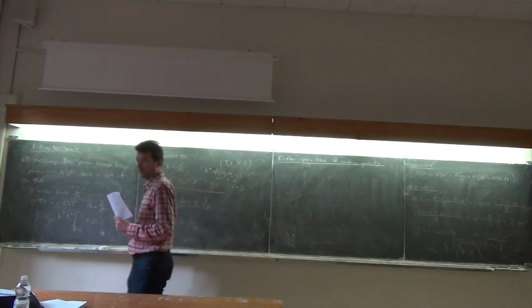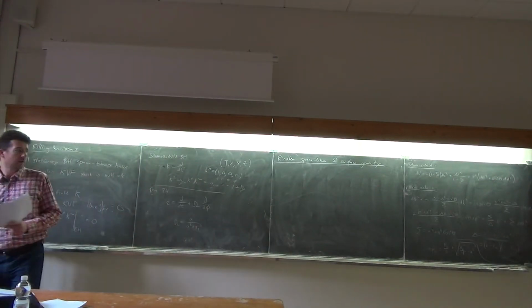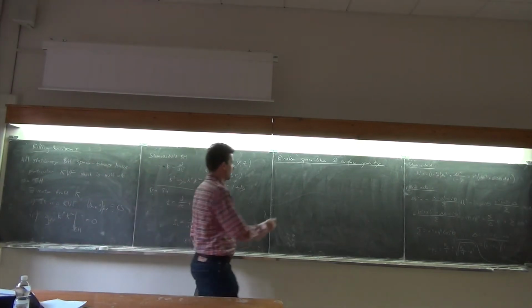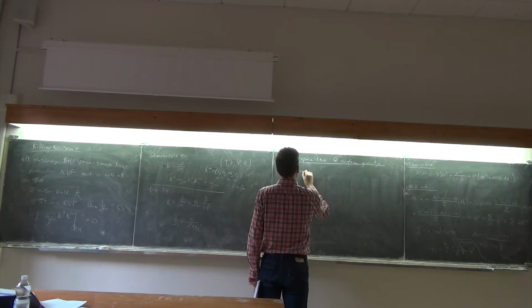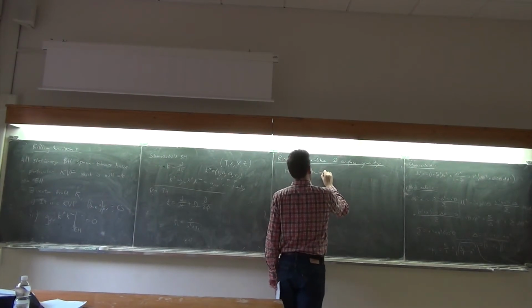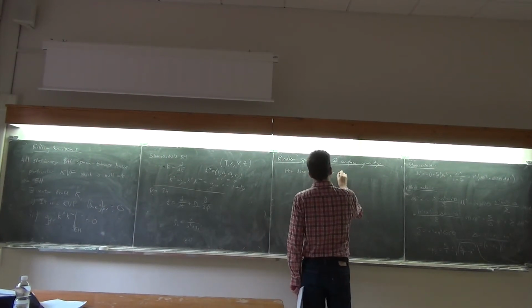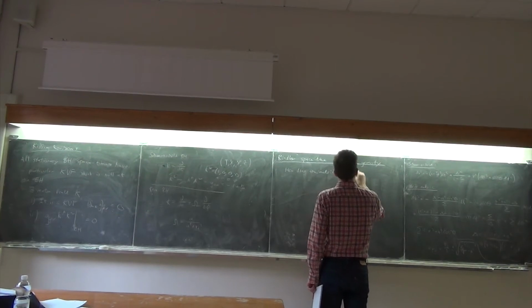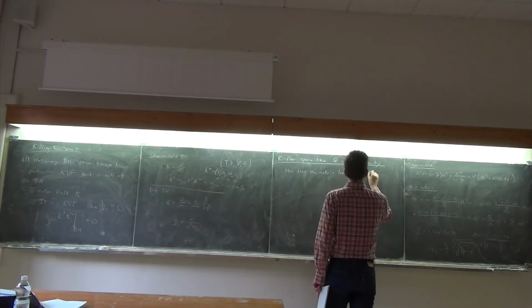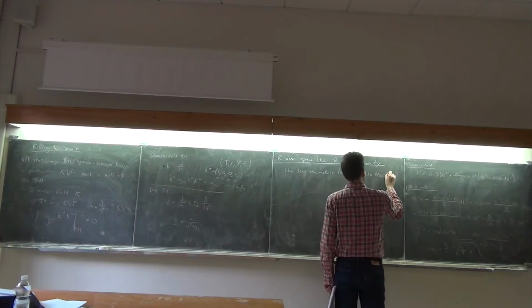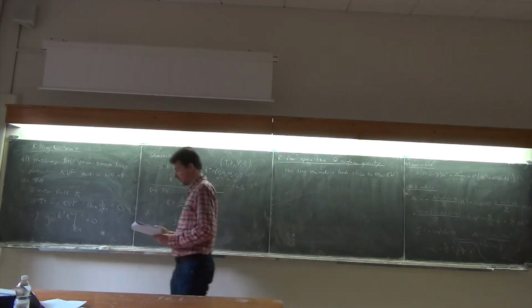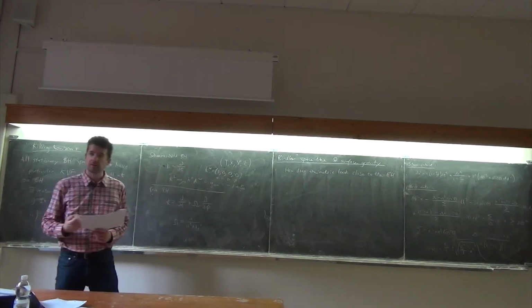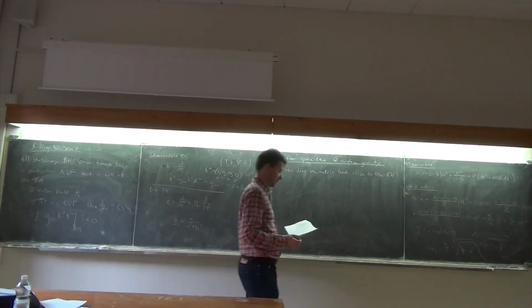So what we basically want to study now is how does the metric look close to the event horizon? And we start with Schwarzschild since that's the easiest.